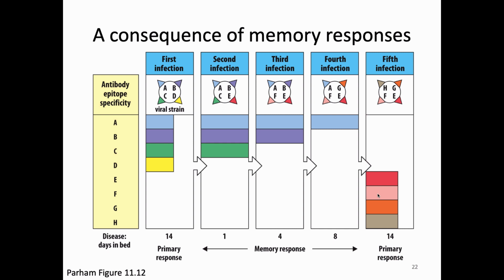Now let's imagine that person gets the flu again the next year. The flu virus has undergone some genetic change. And so the flu virus has changed so that it now has epitope A, epitope B, epitope C, and epitope E. What kind of responses is this person going to make in response here?